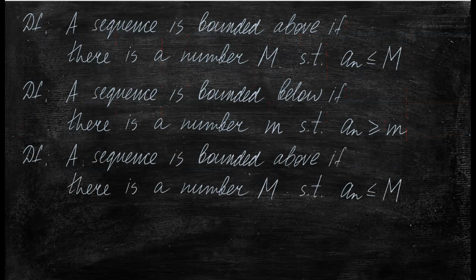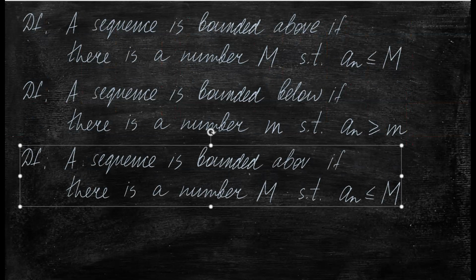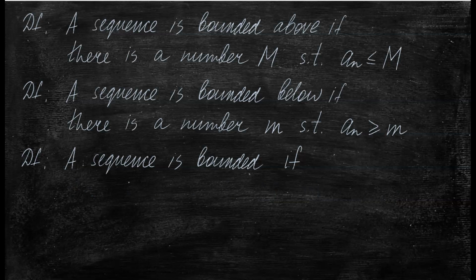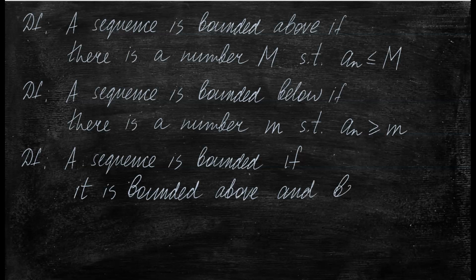And we say a sequence is just bounded, so without specifying above or below, just bounded, means above and below, because by definition we say it's bounded if it is bounded above and below.